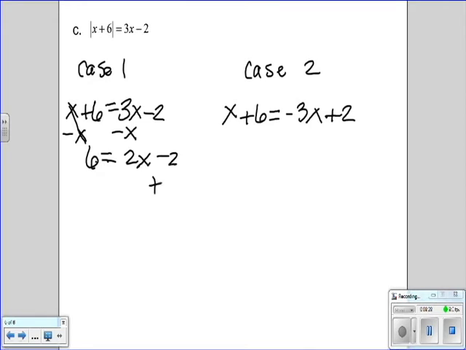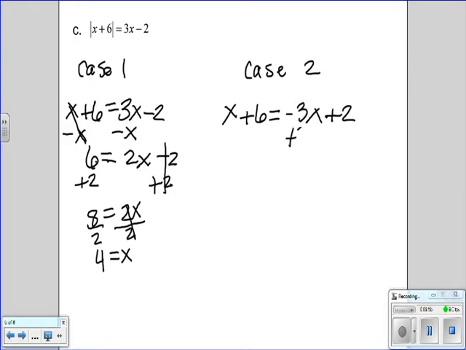Then I'm going to add 2 to both sides. 6 plus 2 is 8. And on the right side, negative 2 plus 2 is 0, and so I'm left with 2x. To solve for x, let's divide both sides by 2. 8 divided by 2 is 4, and so I get x equals 4. We'll check that later.